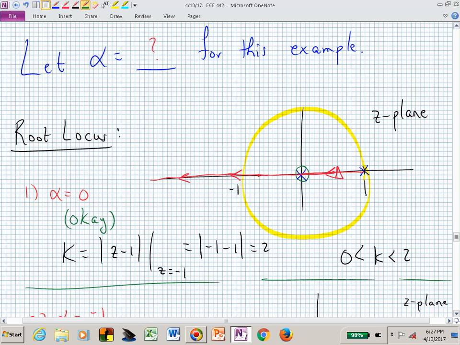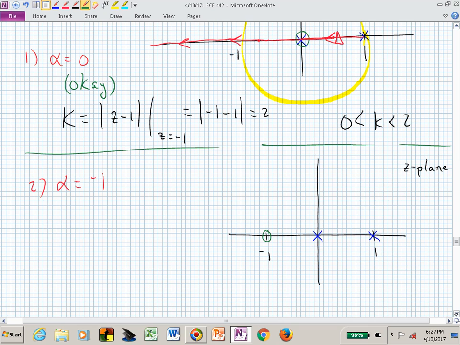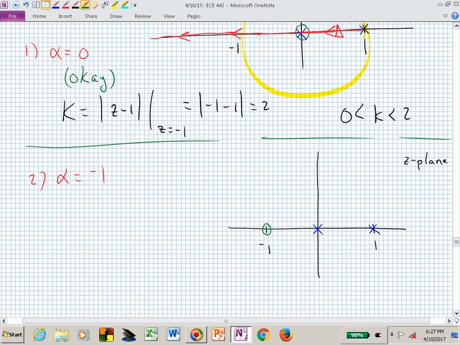But now we're just experimenting with different choices of alpha. Is this choice of alpha going to be okay? Can you now sketch rather quickly the root locus for this configuration of poles and zeros? We now have two poles, real poles, to the right of a real 0.